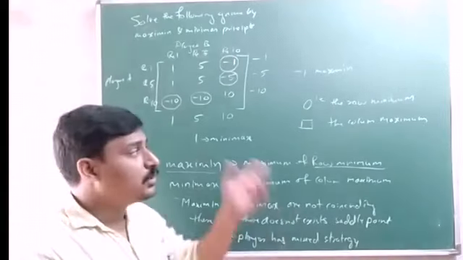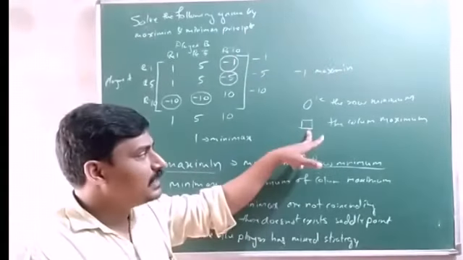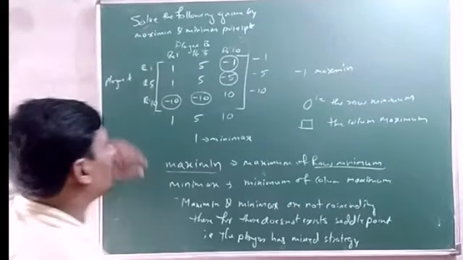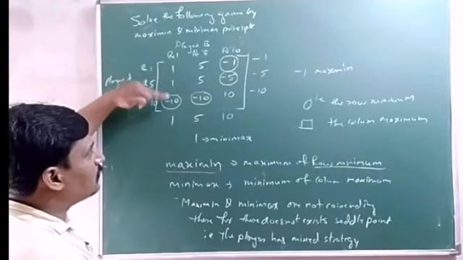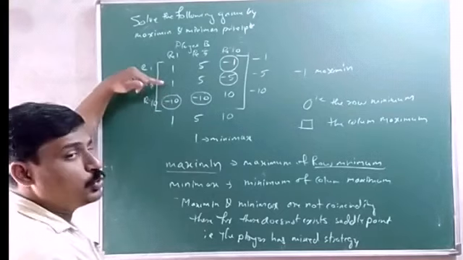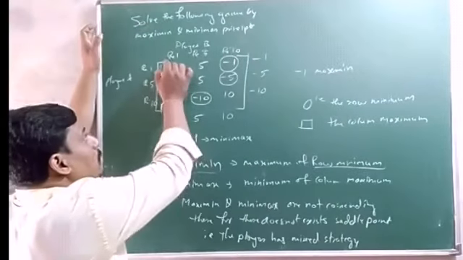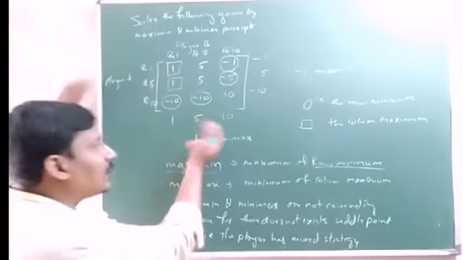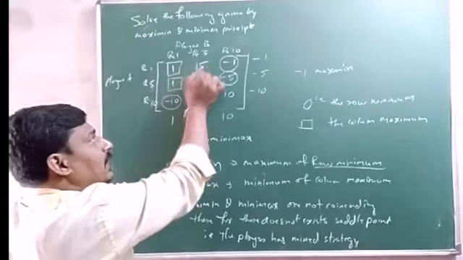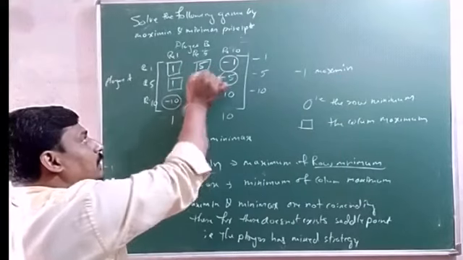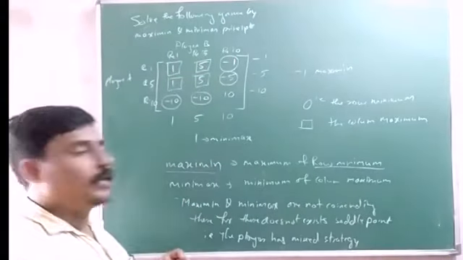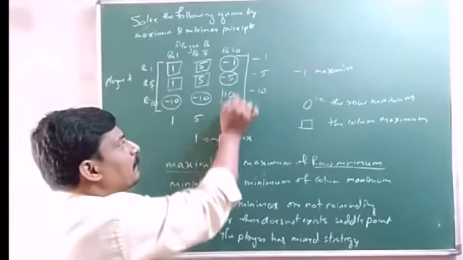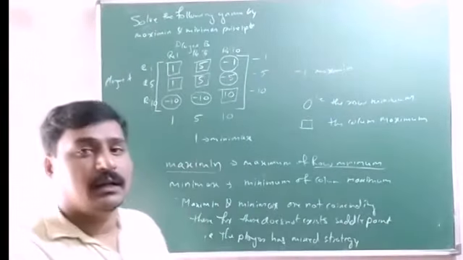Now come to the columns. Box the column maximum. First column, +1, +1, -10. So +1, two maximum values, mark them with the box. In the second column, maximum value is 5, mark it with the box. And finally, in the third column, maximum value is 10, mark it.